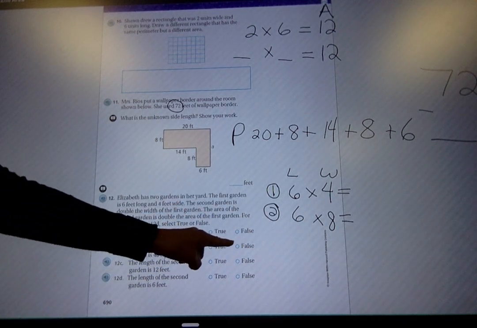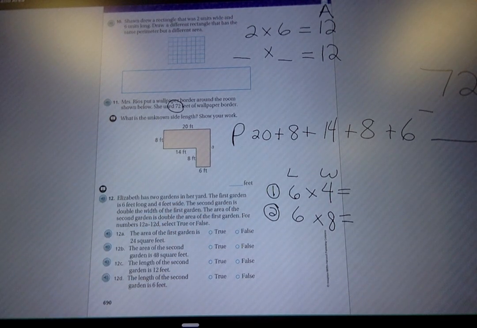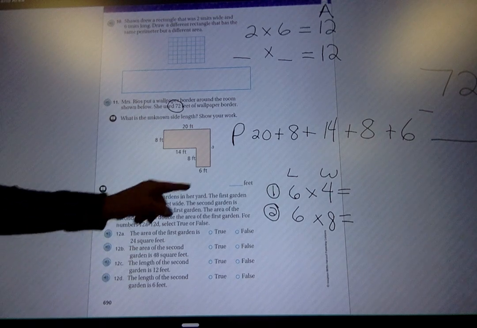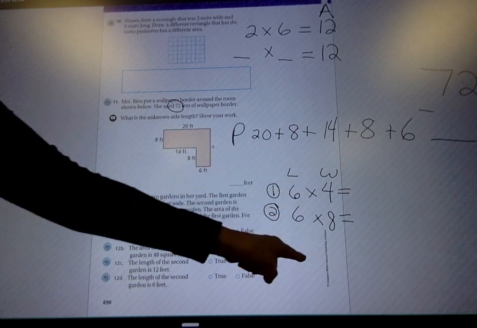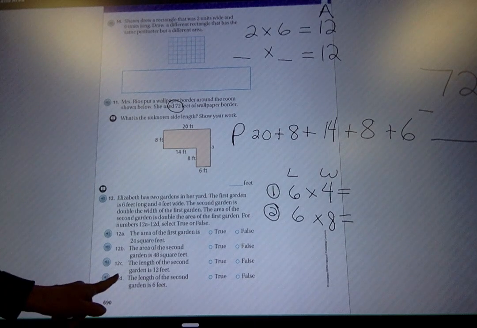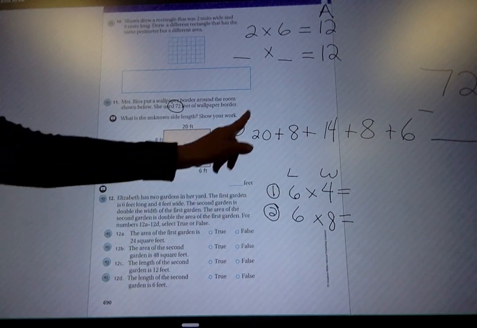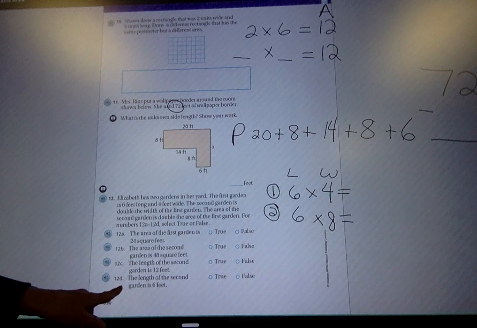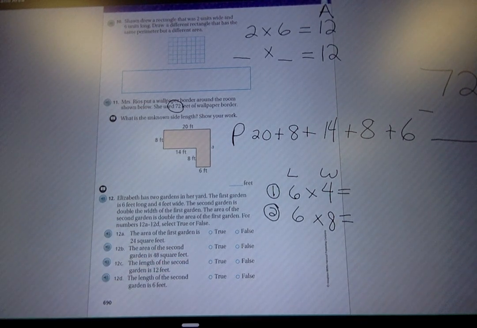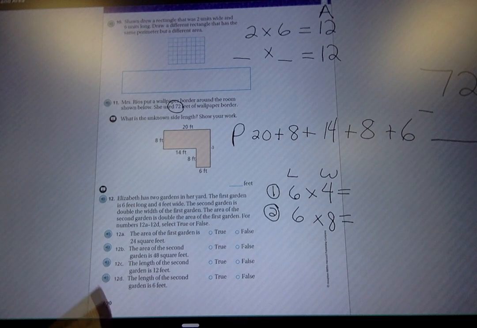Is that true or false? The length of the second garden is 12 feet. Don't forget length, width. Is that true or false? The length of the second garden is 6 feet. True or false? Okay, take your time.